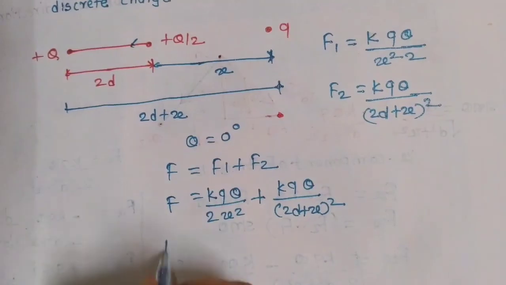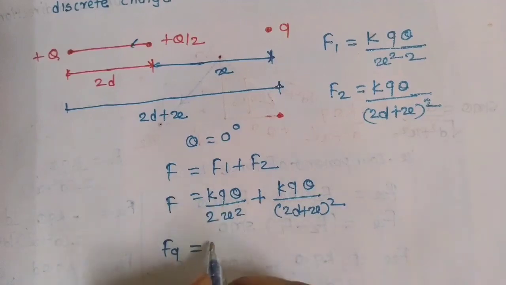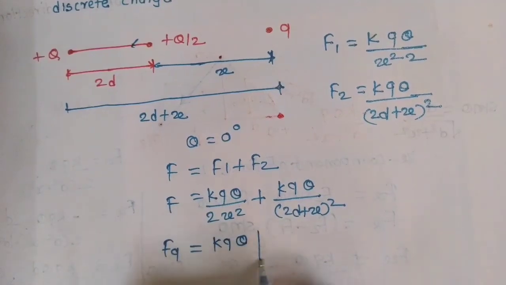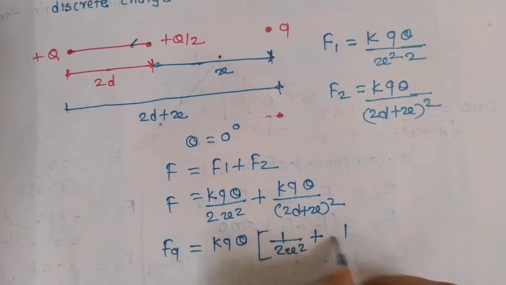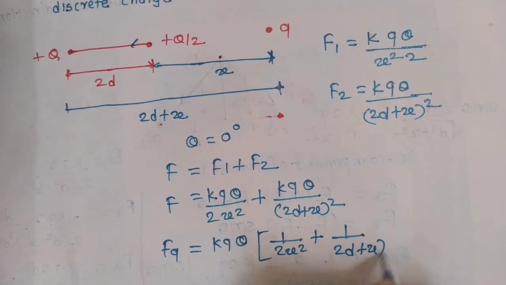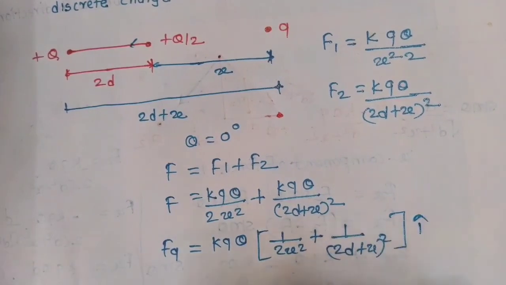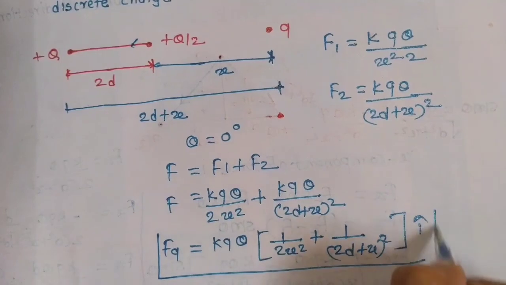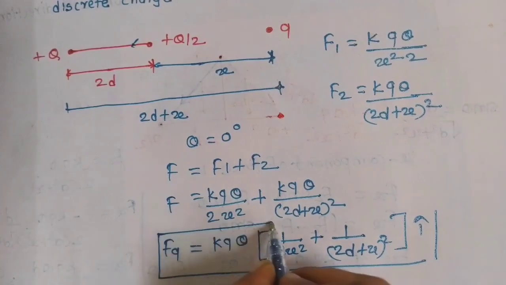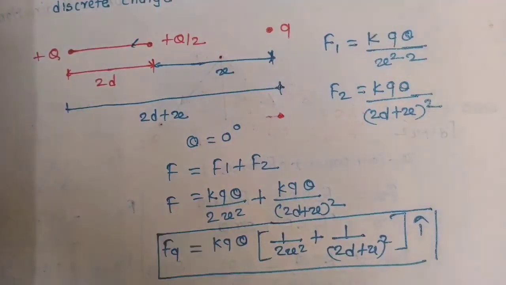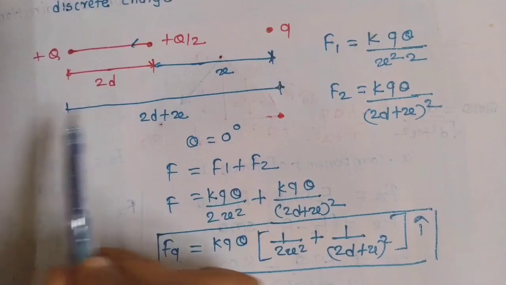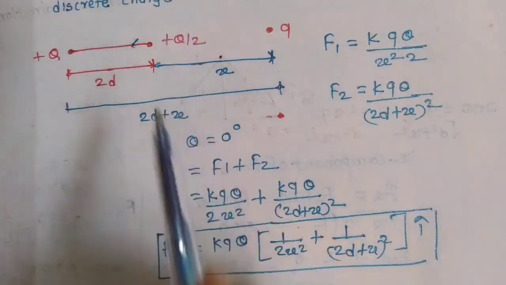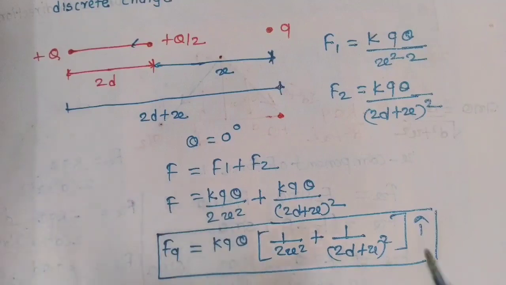We can write the net force on the charge Q as K Q Q common, remaining terms are 1 by 2x square plus 1 by (2d plus x) whole square, i cap. This is the net force on the charge Q due to these two charges. And here only i cap because this is on the x axis, not any y term considered here.